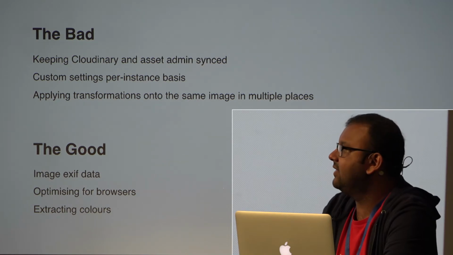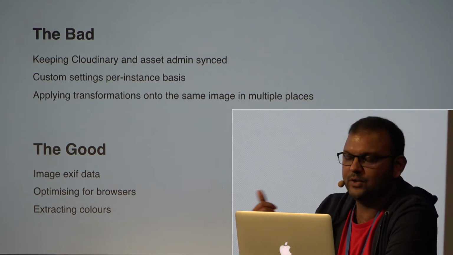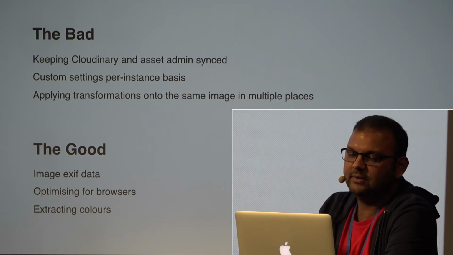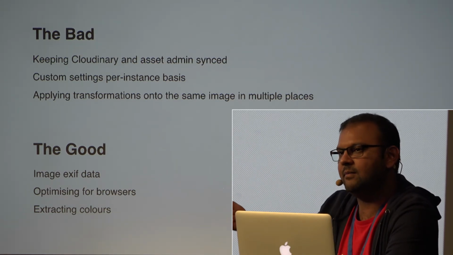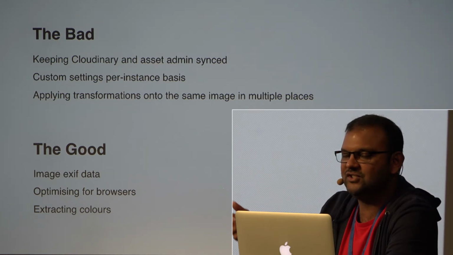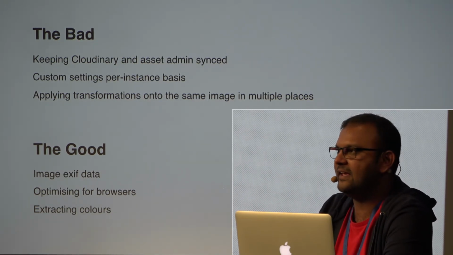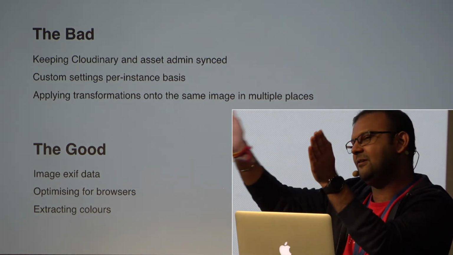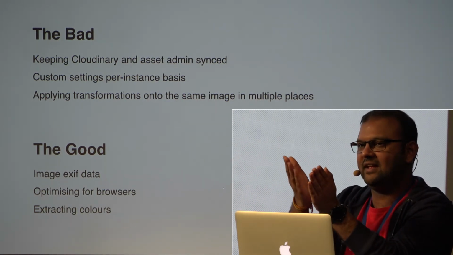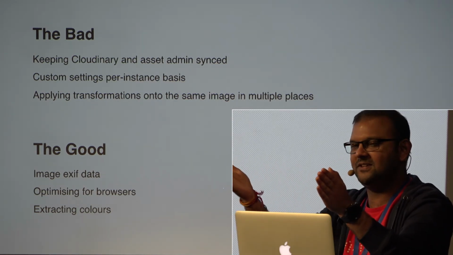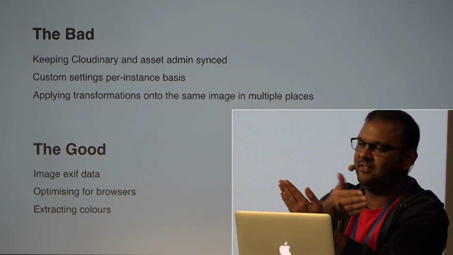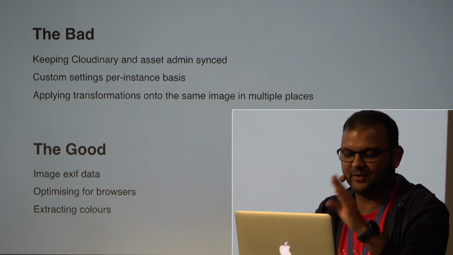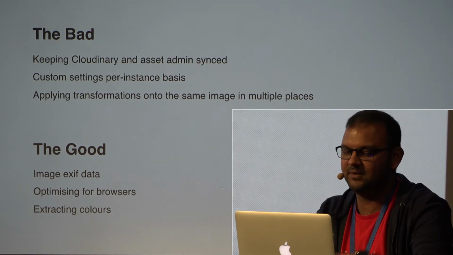The other thing is extracting colors, which we saw earlier, so that you can use the colors from the image to dictate the themes of your page. If it's going in a header image and you have additional content next to it, you can make sure the background of that content is seamless with the background of the image by picking the color that's more prominent in the image.